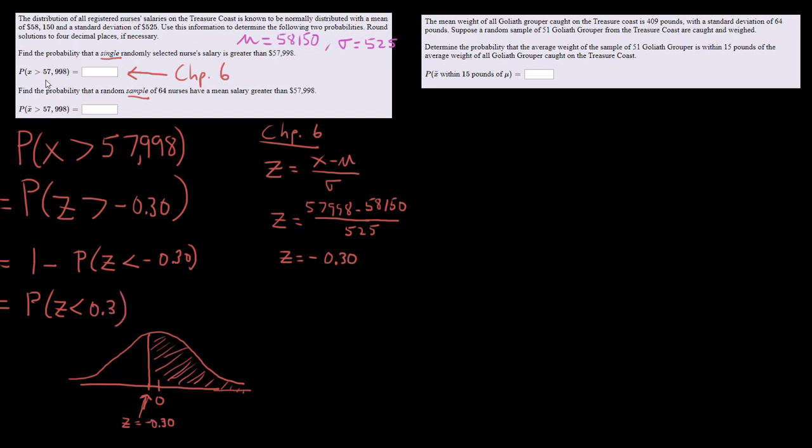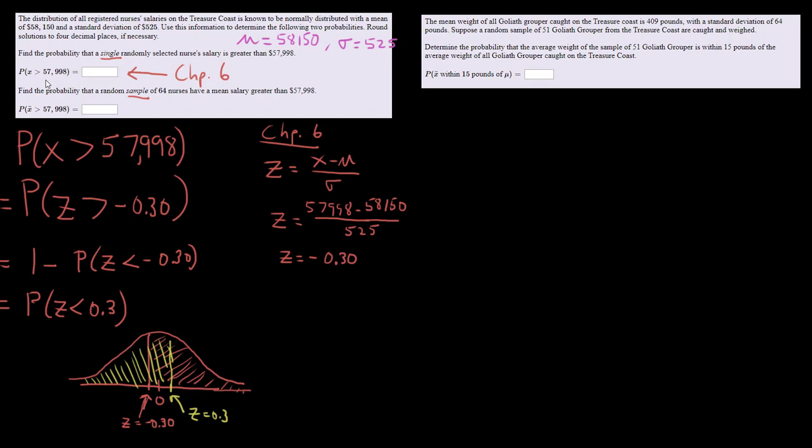Now, why does that work? That's because of symmetry. Basically, if you look at positive 0.3 instead of negative 0.3, and then look at the area to the left, the yellow shaded region and the orange shaded region will be equal because of symmetry.